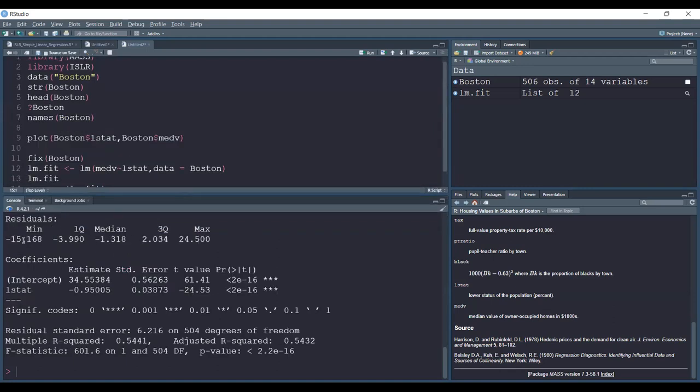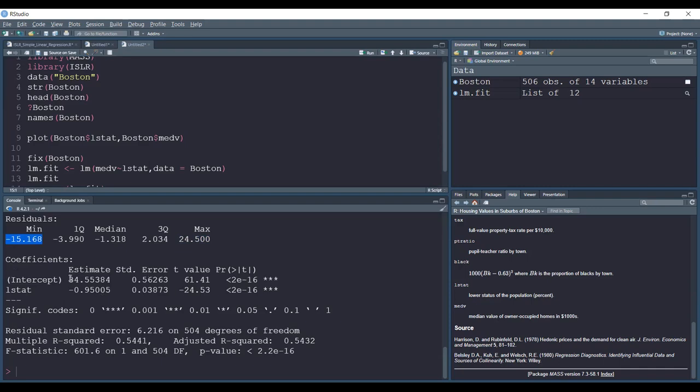You get an idea of your residuals. These are the worst, right? The larger the absolute value is, the more the model is doing a bad job of fitting the data.